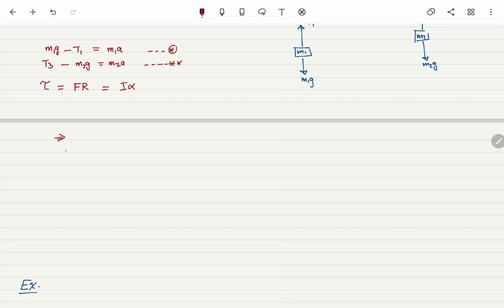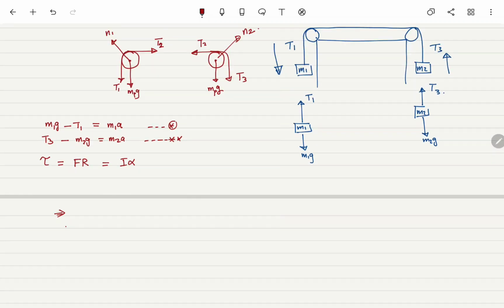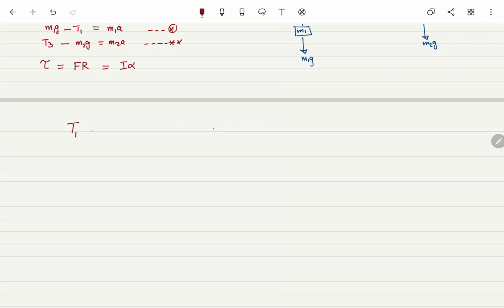The net torque for pulley 1 is equal to T1 minus T2 times R equal to I alpha, and T2 minus T3 times R equal to I alpha. So this is the third equation, and this is the fourth one.